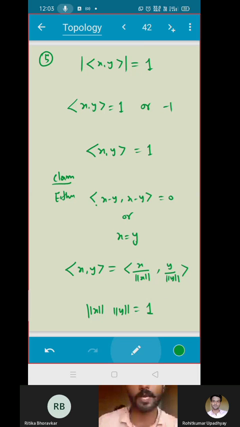Actually, we didn't get an inequality, they are equal. But if the inner product of x and y is the same as the inner product of x upon norm x, y upon norm y, then they are unit vectors, correct? That means norm x is 1 and norm y is 1, then only they will be the same. Do you see that, Shreyas?